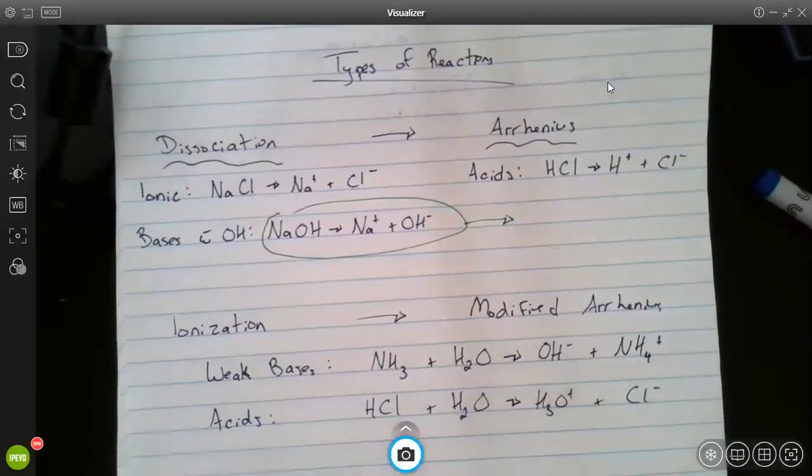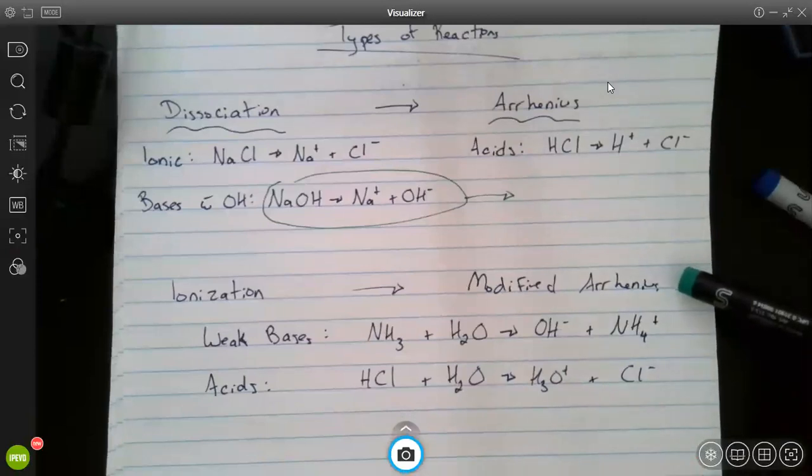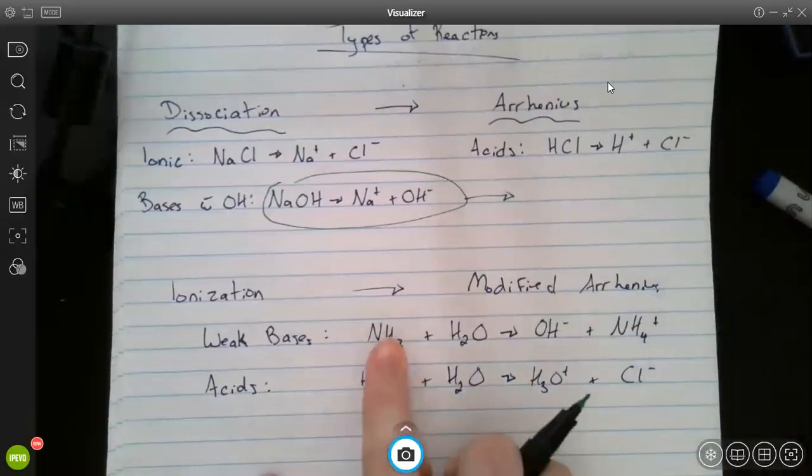Now, anytime you're looking at conjugate acid-base pairs, you're always looking at the modified Arrhenius reaction or the ionization reaction. So we'll start by identifying our actual acid and actual base.